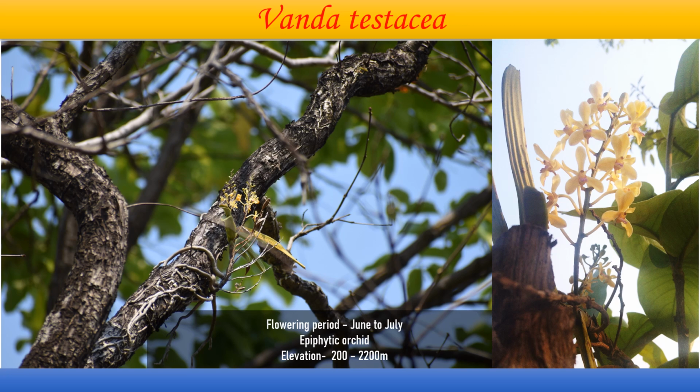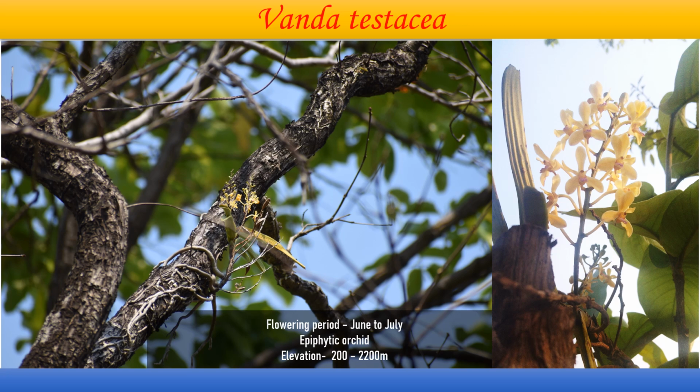2200 meters sometimes. And Vanda testacea is also seen in many parts of India. So in Assam, Manipur, Mizoram, Nagaland, Arunachal Pradesh, Sikkim, West Bengal, Himachal Pradesh, Uttarakhand, Andhra Pradesh, Odisha, Jharkhand, and many others. So it also has a very good population in India.